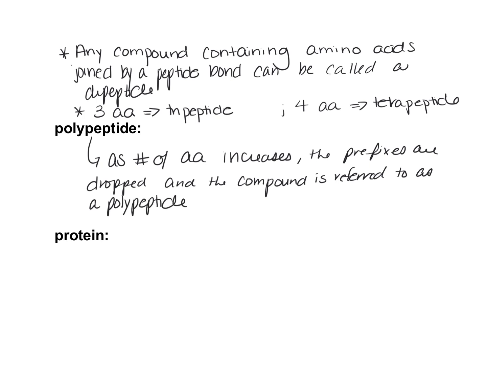Now, a biologically active polypeptide that contains 50 or more amino acids is a protein. This is how your book defines it, but it's a little bit more of a moving target. I've seen books define it as few as 30 and then 40, but we are going to go with what your book says.